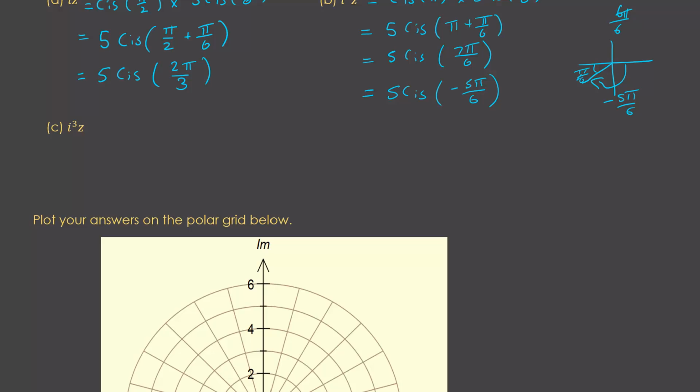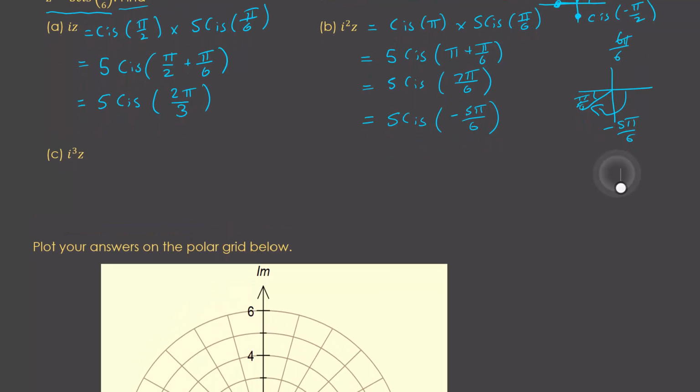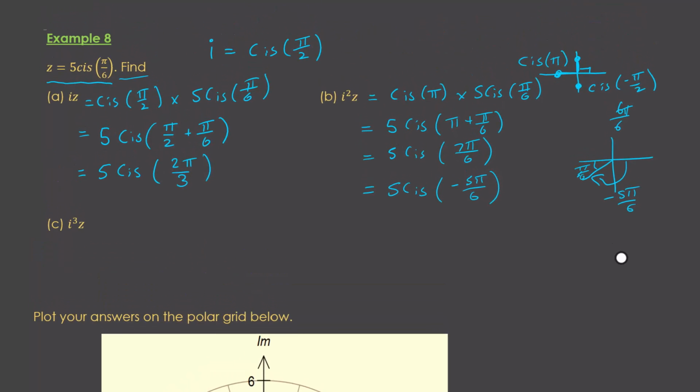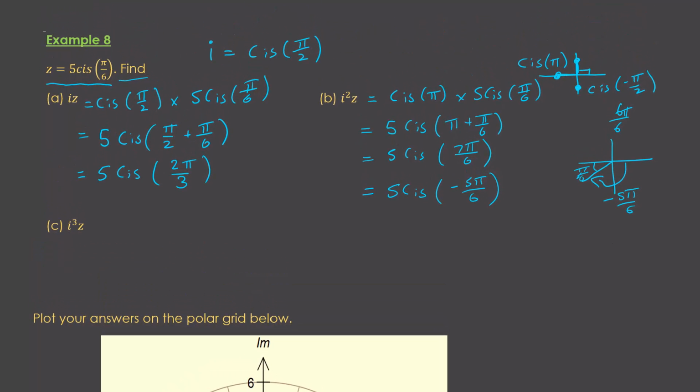And then we've got i cubed z. i cubed is, of course, negative i. It would be here. And so that would be cis negative pi by 2. So I think I have my diagram just off the top of the screen there. And so here it is. Down here, cis negative pi by 2.